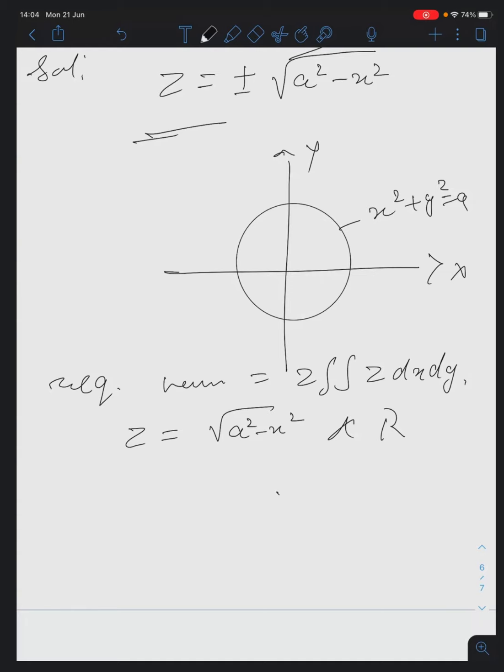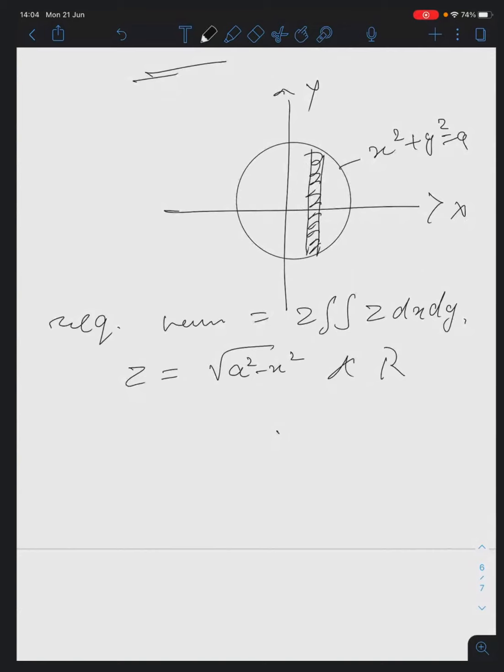So either you can take a horizontal strip or a vertical strip. If you take a vertical strip, you will get the limits of y, and with a horizontal strip you will get the limits of x. Okay, so overall the required volume will be equal to double integral, x limits constant, y limits I'll write in terms of x, 2 into z, which is root over of a square minus x square, dy dx.